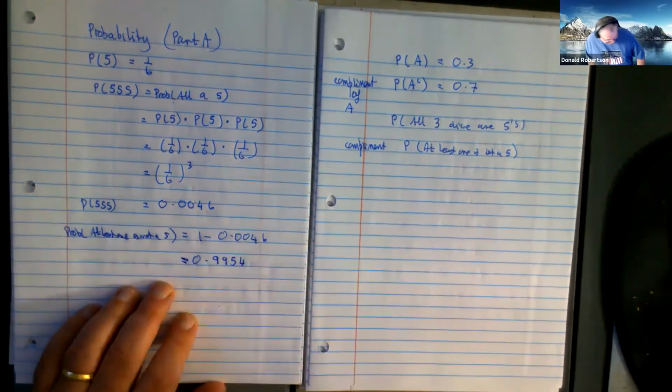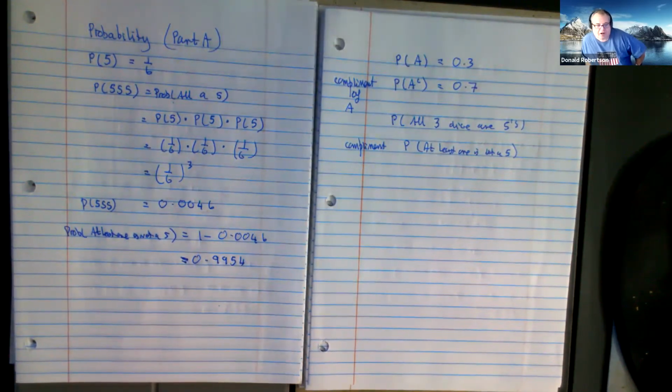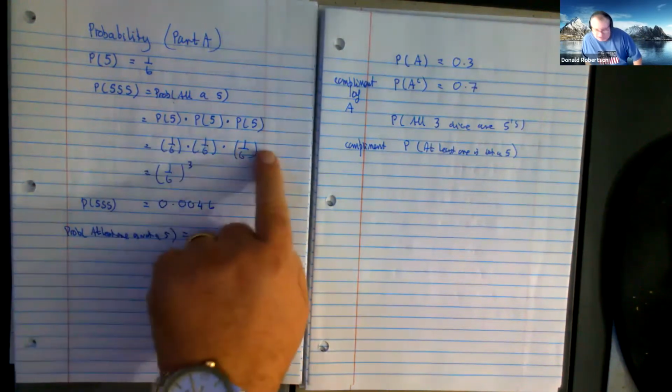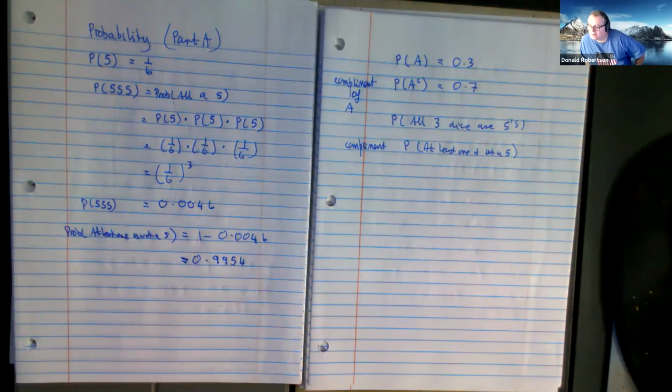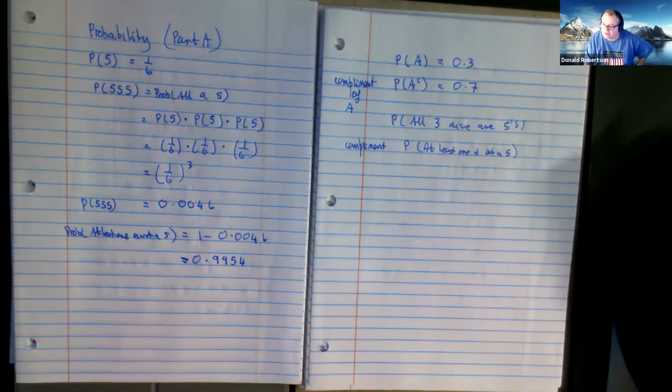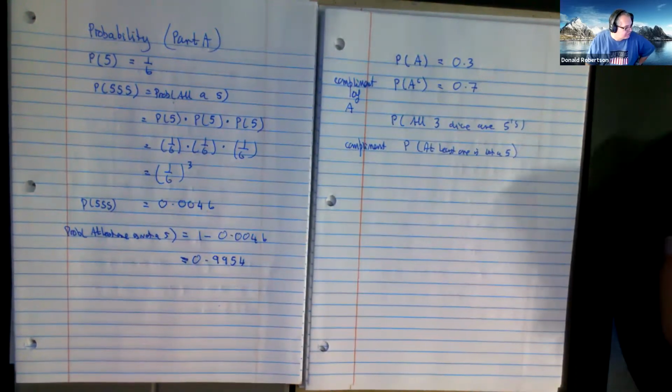So do you see that if I know one event, I can get the complement of that event without having to do any messy multiplications? Are we good with that idea? That the complement of all of them being something is at least one of them is not that something. And that's essentially the sentence that we're going to be working with here.